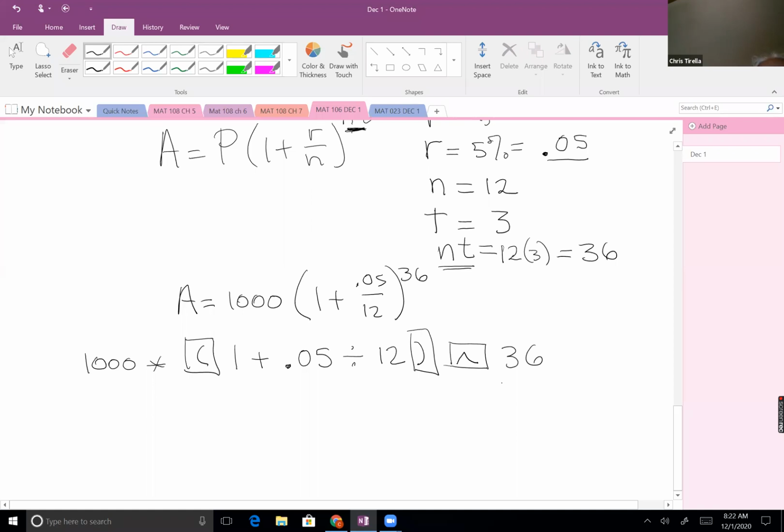Again, if you didn't pre-multiply, you would have to have parentheses 3 times 12. So I think it's easier if you just type in that exponent as 36.